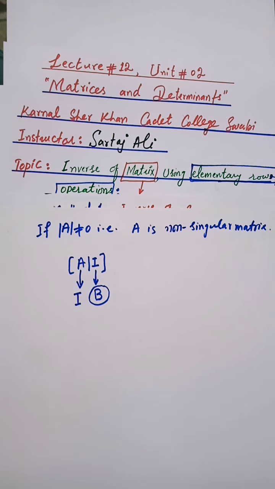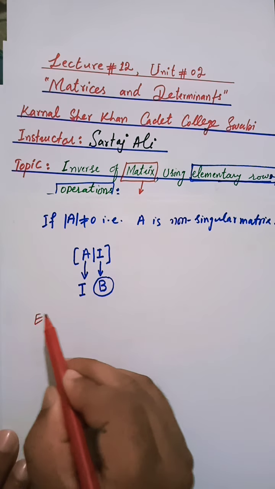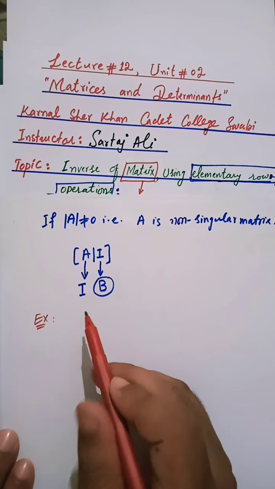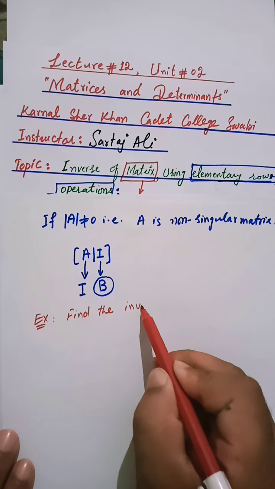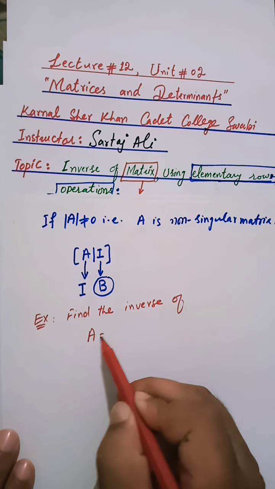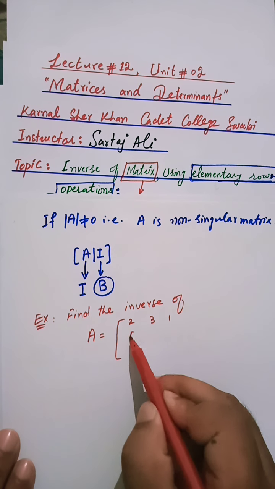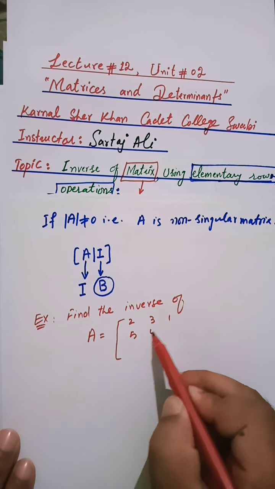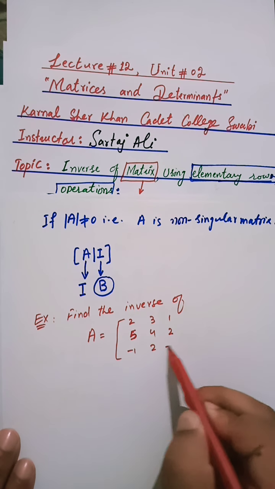Now I am giving an example using this method. Example: find the inverse of a square matrix A of order 3 by 3, whose elements are 2, 3, 1 in the first row, 5, 4, 2 in the second row, and in the third row the elements are -1, 2 and -2.